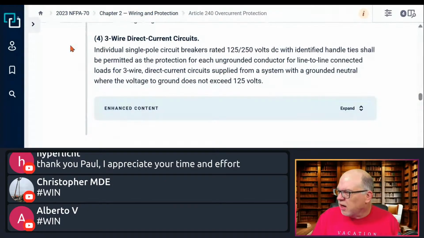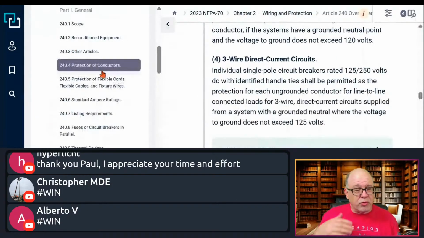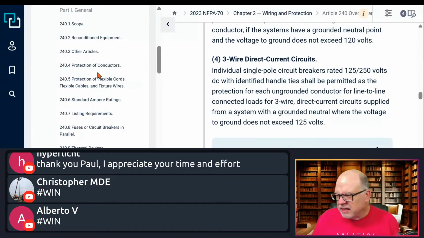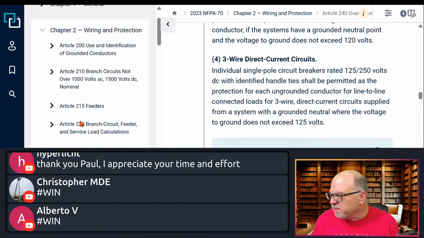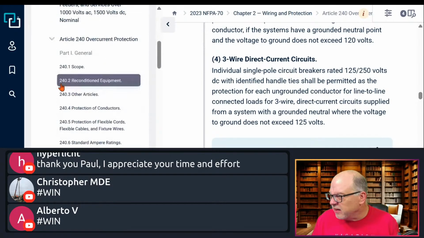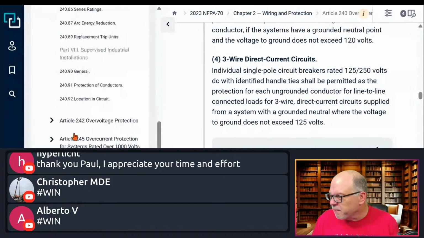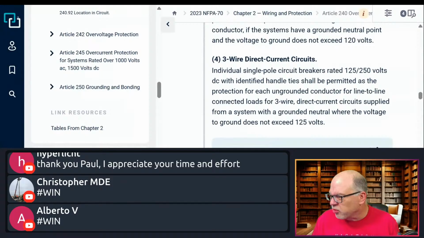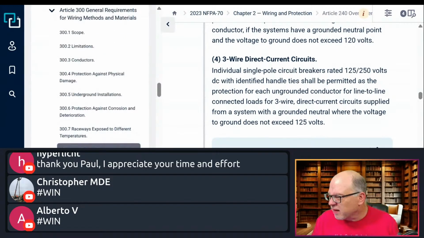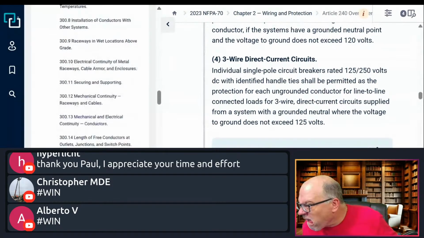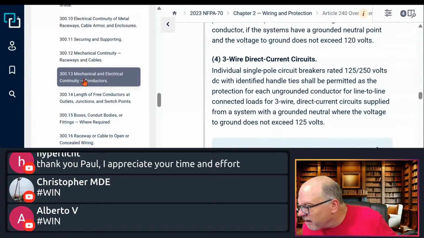All right, the last one that we want to talk about is when you're doing commercial wiring and you're doing a multi-wire branch circuit, there are some things that you need to be aware of as well. So what we're going to go look at now is, bear with me while I get there, just for all you commercial dudes.